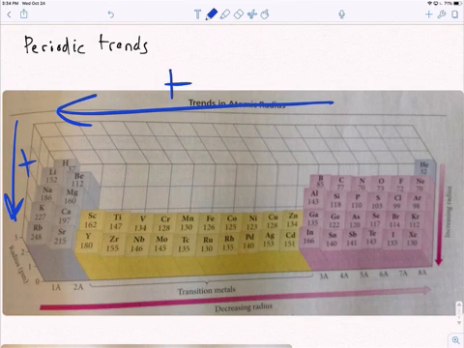So which one is it easier to rip off? The lithium. With a big atom, the electron cloud is further away, much greater distance to the nucleus, and a +1 center. So yeah, the electron just can fly off really easily. Then neon, with a tiny, tiny atom, with a very positive center, it's really hard to rip off that electron.